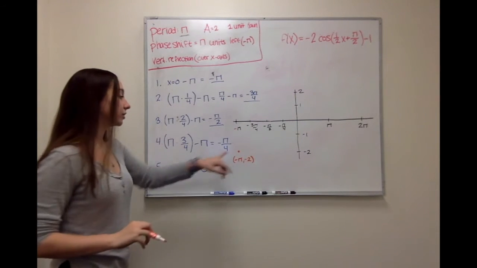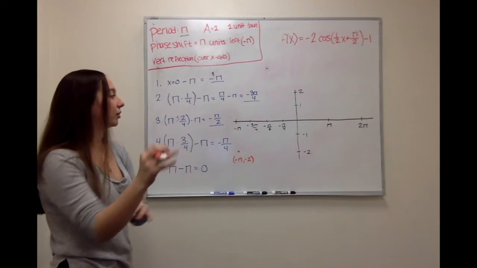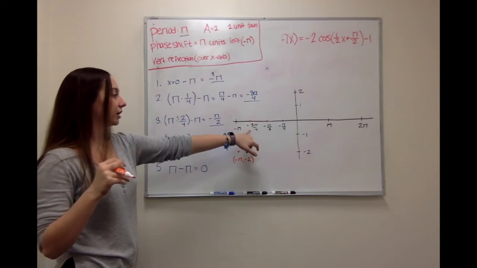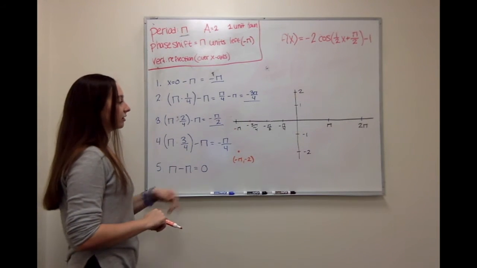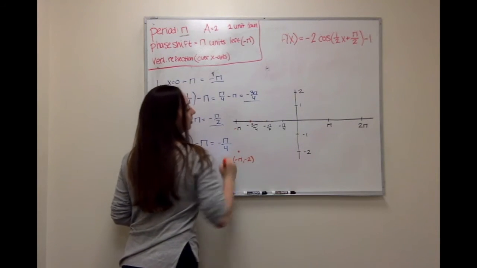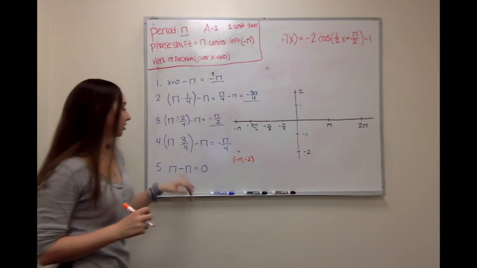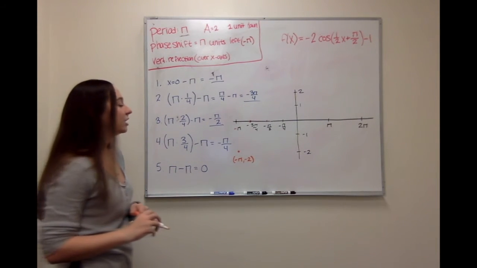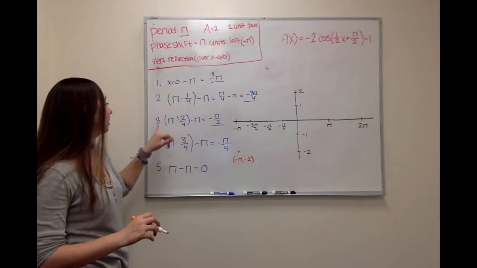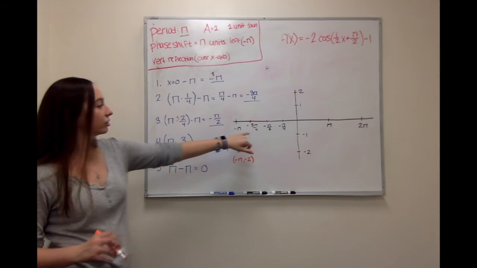So our next cosine point will happen at negative 3 pi over 4. This time it'll be right on the x-axis, and that doesn't change because our reflection won't change that. And then our middle point will be negative pi over 2.